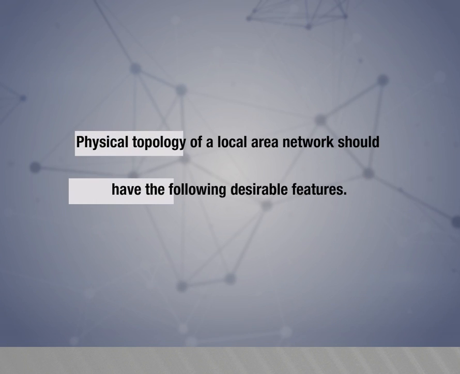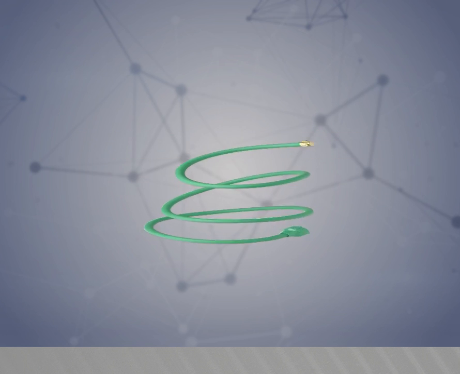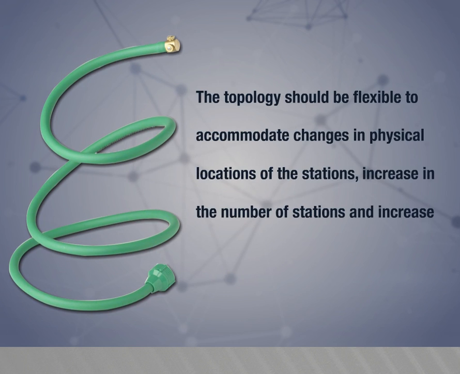Physical topology of a local area network should have the following desirable features. The topology should be flexible to accommodate changes in physical locations of the stations, increase in the number of stations, and increase in the LAN geographic coverage.